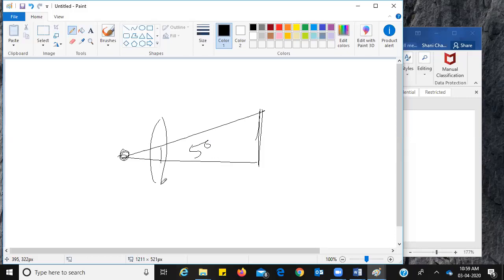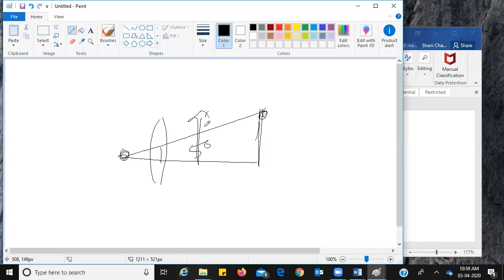Now I can bring this object further close. Why? Because there's a lens as well as the eye, so it will converge the image and then it will be seen in the retina. This is what I told you.